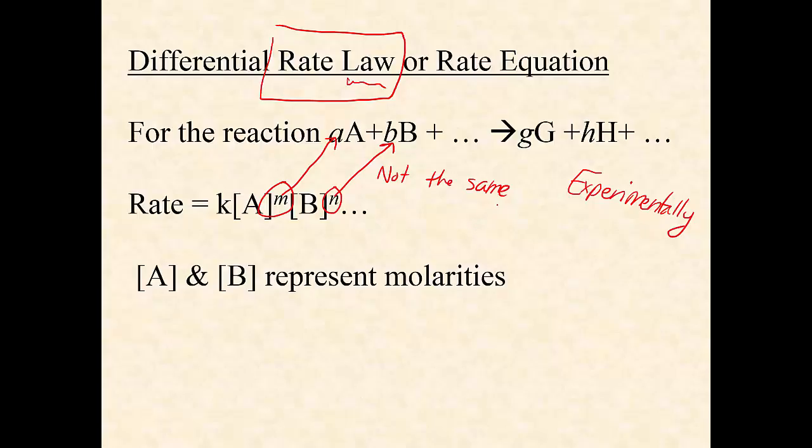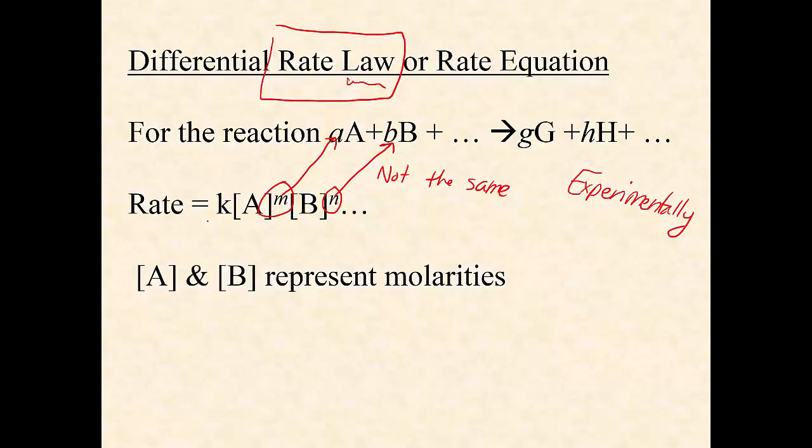That is going to be determined by the rate determining step, which we will talk about in a couple days, but you don't know that. You can't just look at a balanced equation and know if that's the rate determining step or not. So you cannot use the balanced equation to determine the rate law.